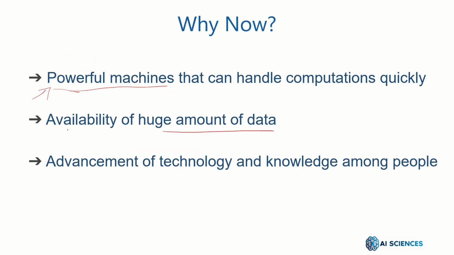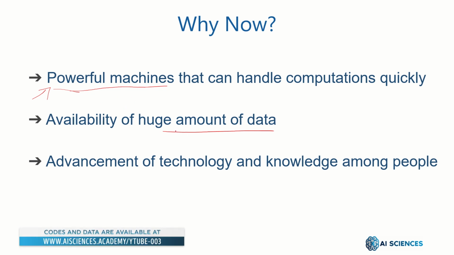In earlier ages, the amount of data available was not that large. So the unavailability of data was one hurdle in building these applications and getting these models to perform well. Now, a huge amount of data is available everywhere. Cameras are sensing a lot of images and recording a lot of videos. Audio input sensors are recording audio.